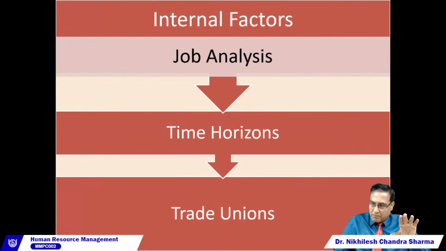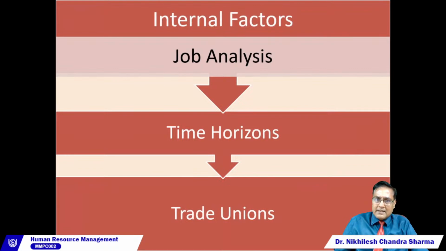So not only the three or four determinants are there, but in the internal factors, job analysis is part, time horizons are part, trade unions are part, corporate culture is part, and management process, how they are dealing with their employees, is part, as well as the overall mission, vision, and objectives of the organization. What are the vision and the missions, and how do they want to fulfill their missions and visions accordingly? So they all are internal factors.